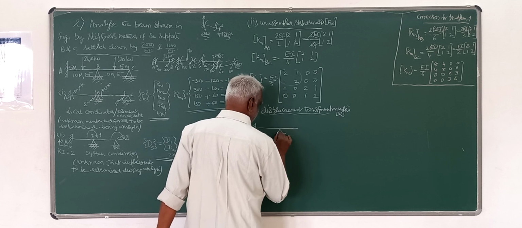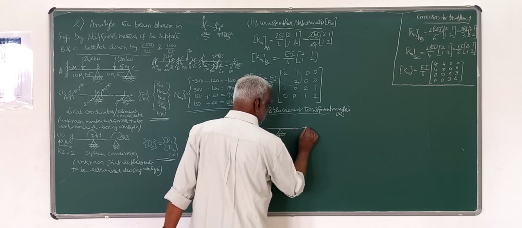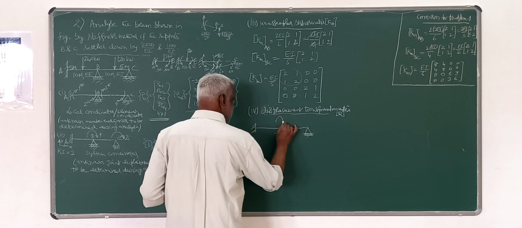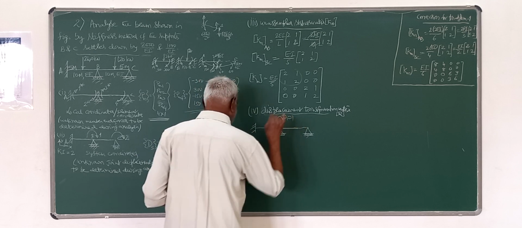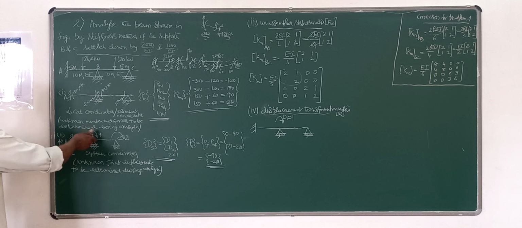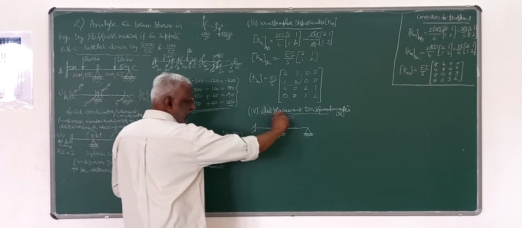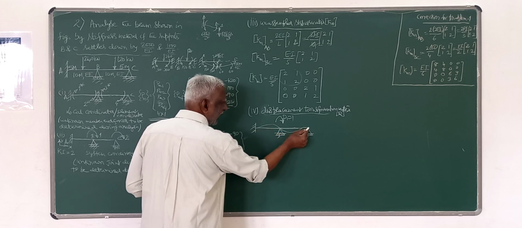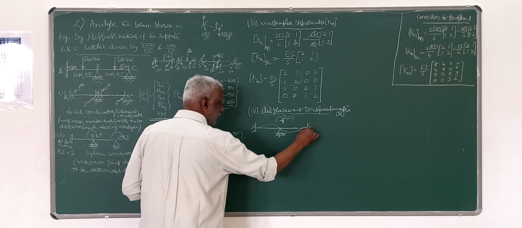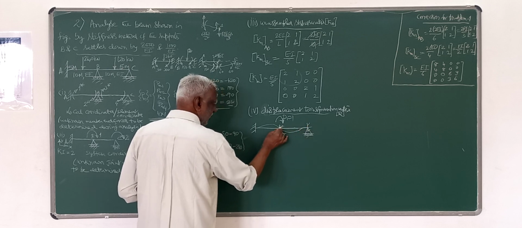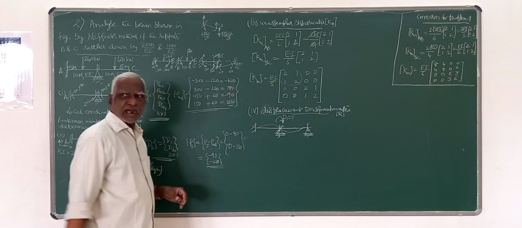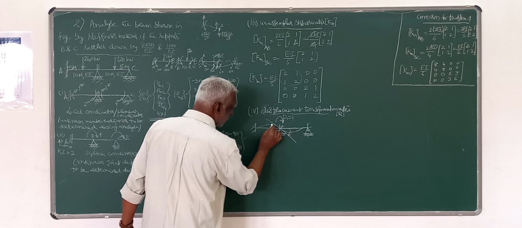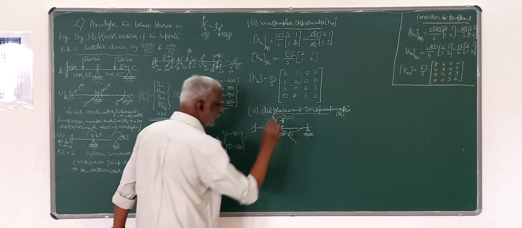First, along direction 1, I have to give a unit displacement. If I give a unit displacement, this will move up, this will come down, and the other coordinates I have to keep restrained. So you get displacement only here, equal to unity.